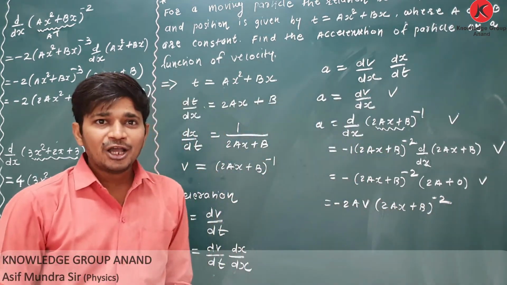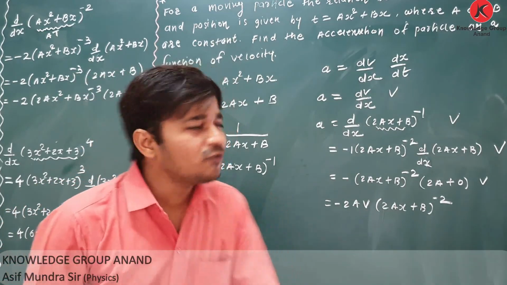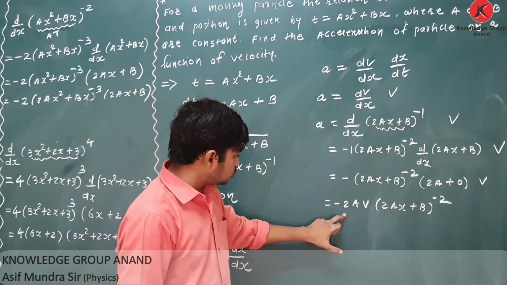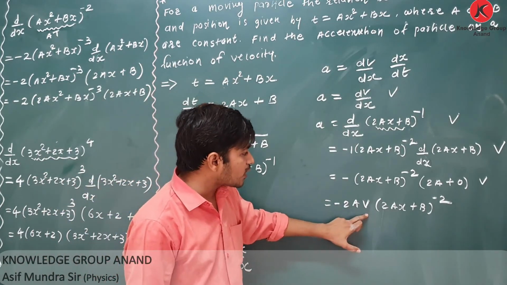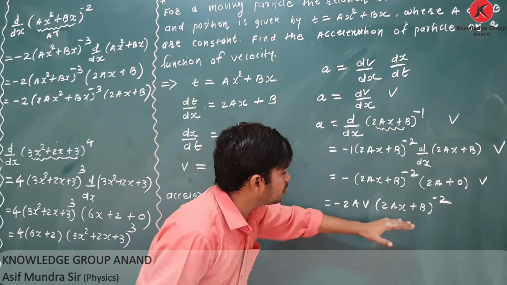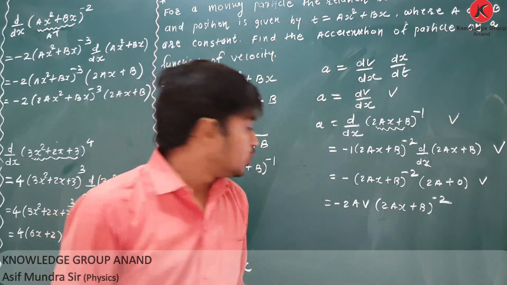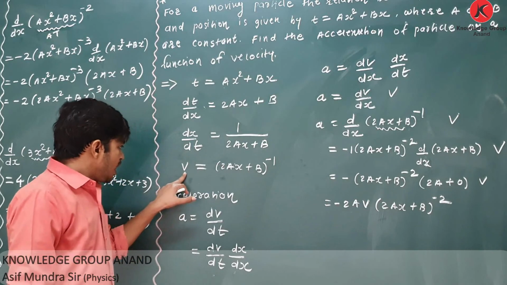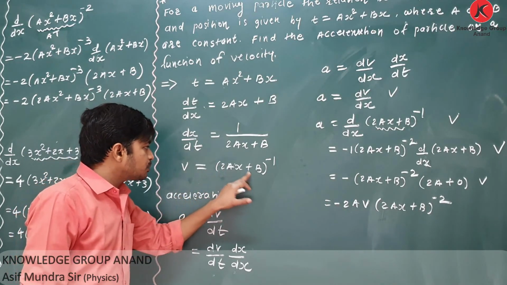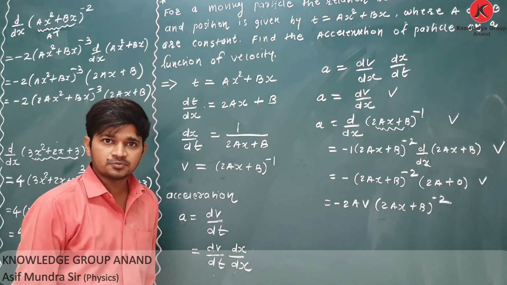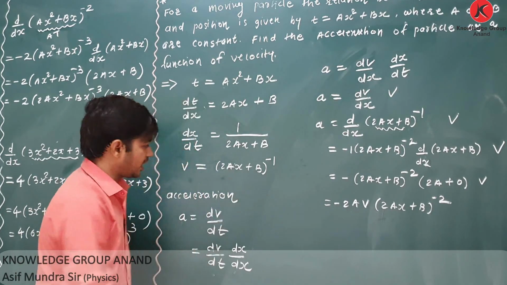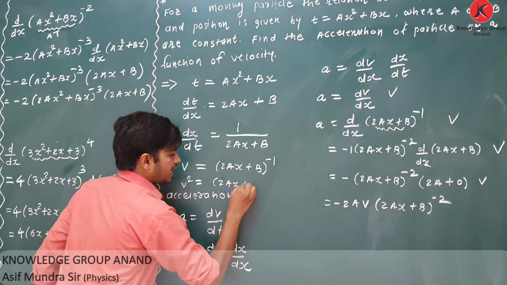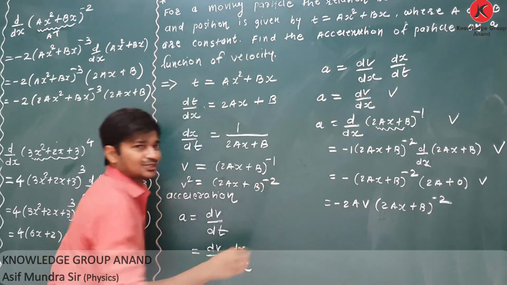Now you have to find acceleration as a function of velocity. Here 2 and a are constant, and b is velocity. What about this term, (2ax plus b) raised to minus 2? See here, v is equal to (2ax plus b) raised to minus 1. Yes or no? If I take the square on both sides, then what will I get? v square is equal to (2ax plus b) raised to minus 2.